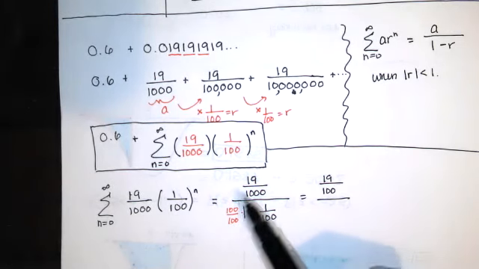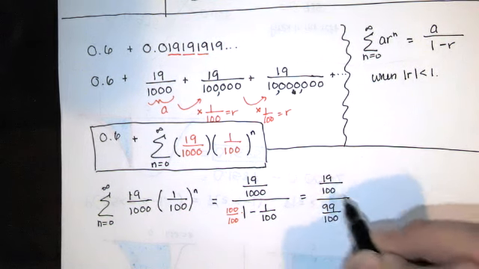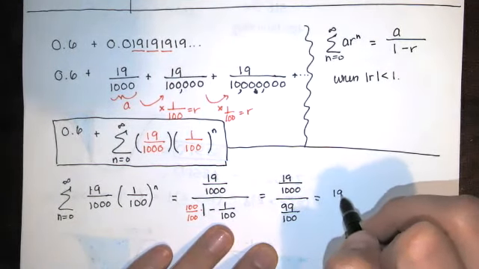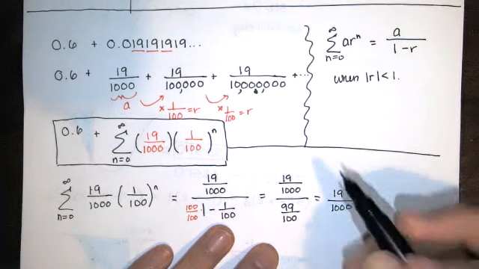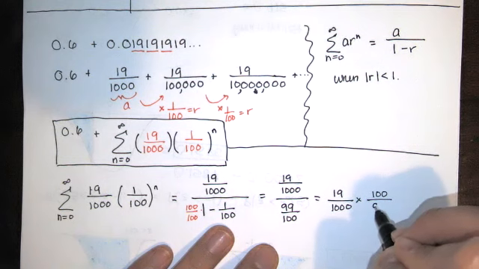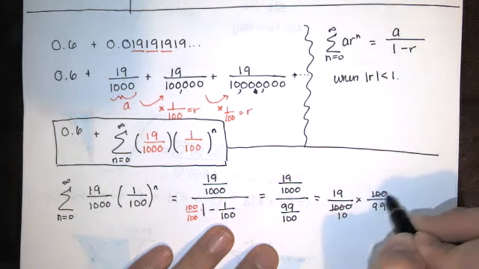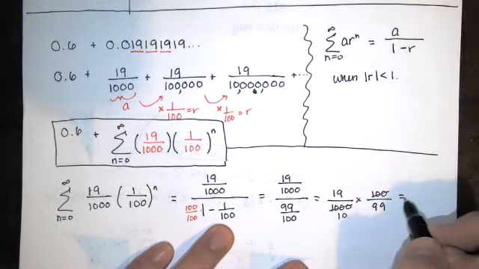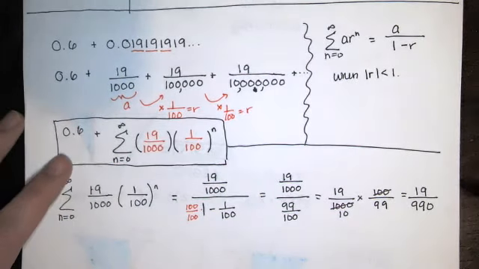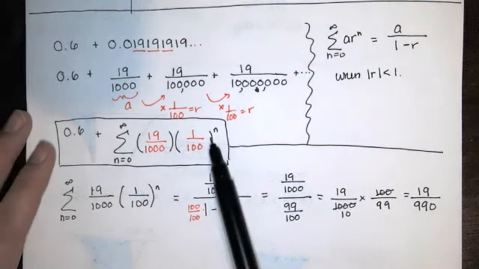So I've got 100 over 100 minus 1 over 100 is 99 over 100. And if we multiply by the reciprocal, we leave this one alone, we take this one, we flip it and multiply. This is what we get. So we'll have a 10 left there and the 100s reduce and we end up with 19 over 990. And that does not simplify. So that is just this series part.